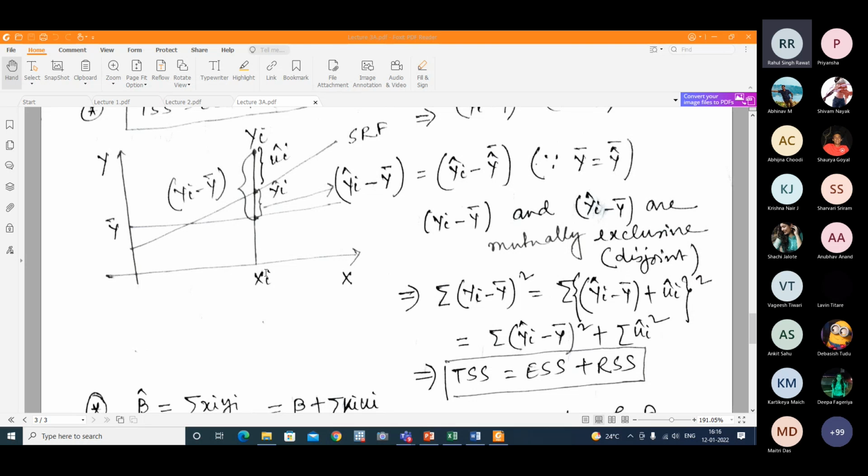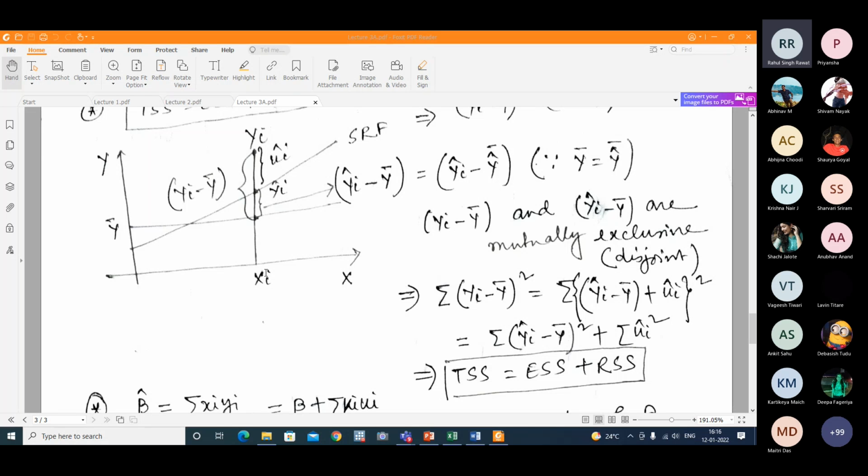The example that I was citing here basically means, for example, R square value is 0.7. Say the dependent variable is consumption and the independent variable is income. R square value is 0.7.